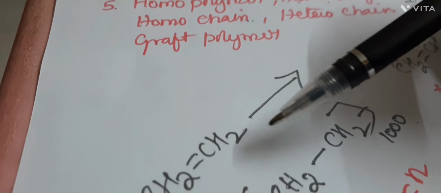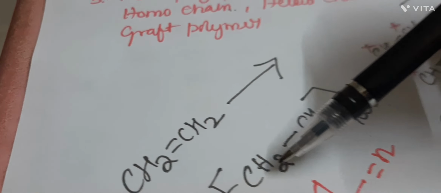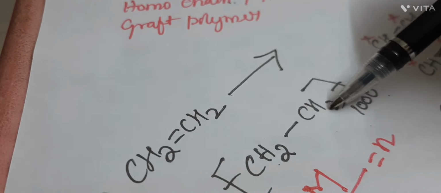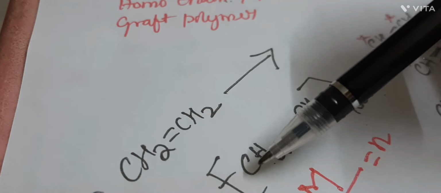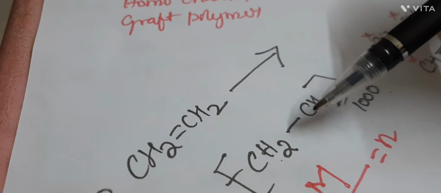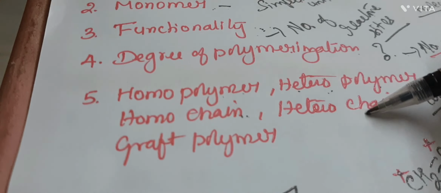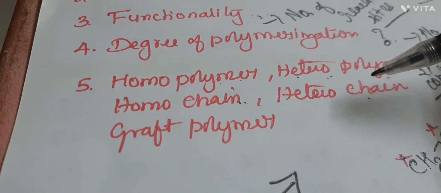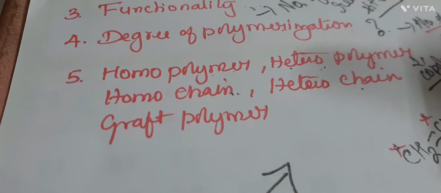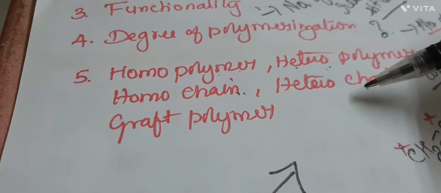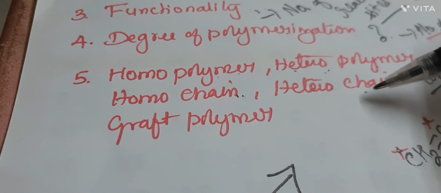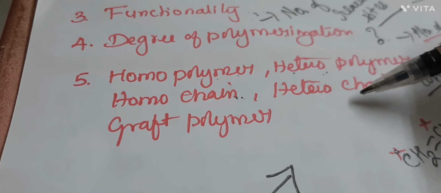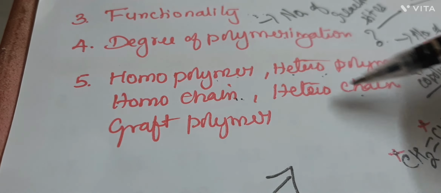For example, polyethylene: although we have CH2 CH2 getting repeated, the main chain consists of only carbon. Heterochain, again nylon 6,6 can be the example. If it consists of heteroatoms such as oxygen or nitrogen other than carbon, then it is known as heterochain.